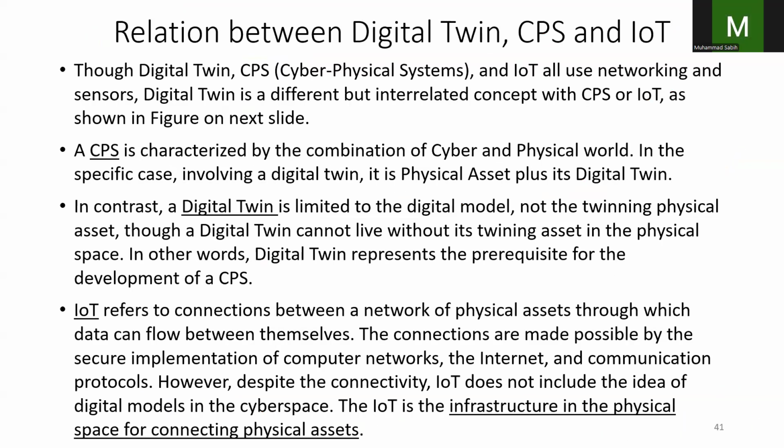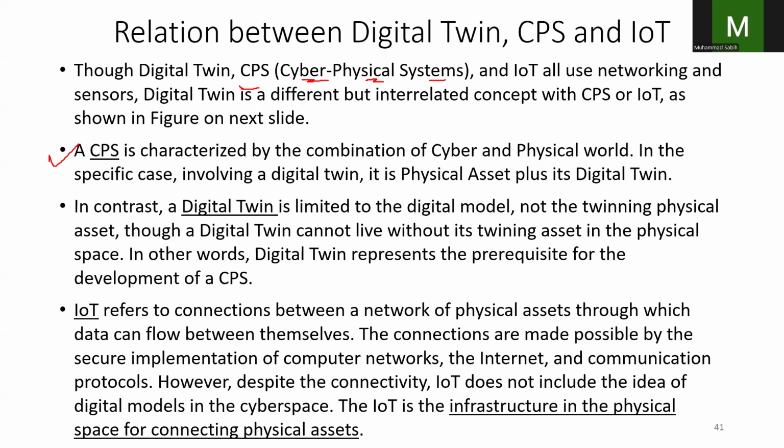In the world of industrial systems, we often hear about cyber-physical systems, CPS, and IoT. All of these use sensors and networking technologies, but they have distinct roles. We will see in the next slide. CPS is more comprehensive.